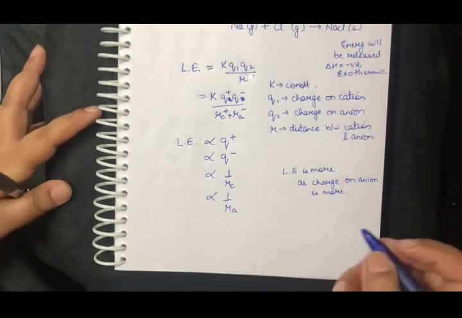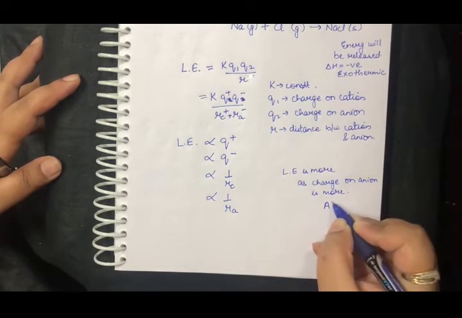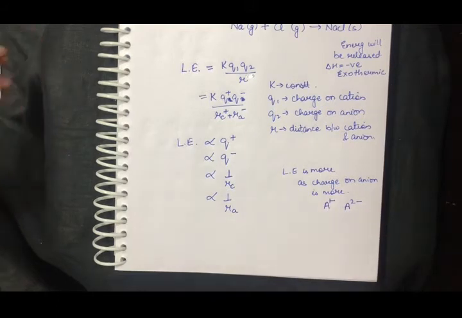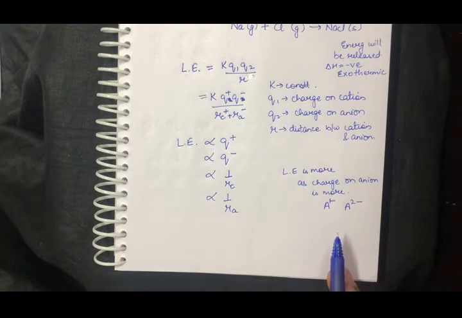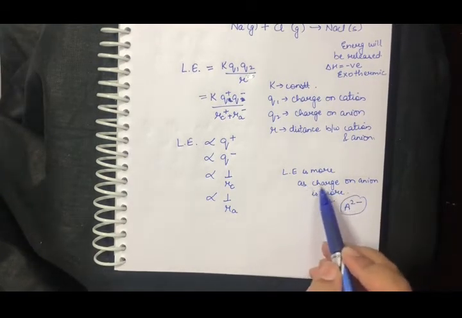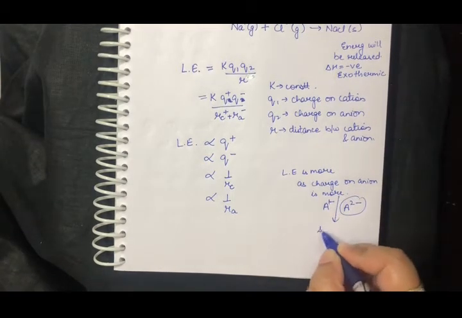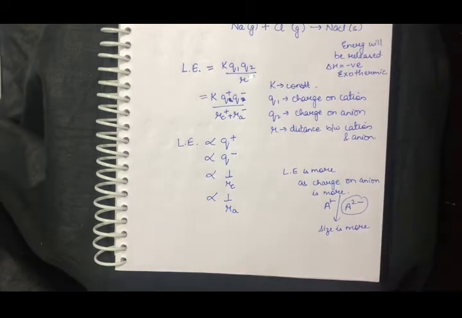For example, let me take an anion which has a negative sign and another which has a 2 negative sign. If I have to choose between the two, I know which one will have more lattice energy, this particular one. But at the same time, as the charge on the anion is more, the size is more, because we know anions are bigger in size as compared to their parent atom, so the radius is more.